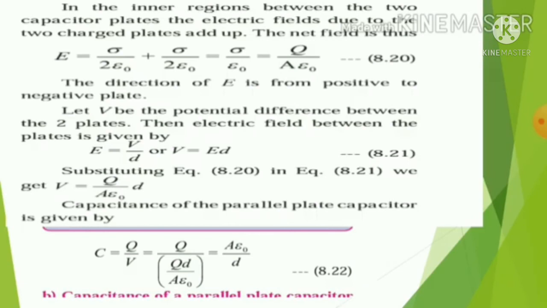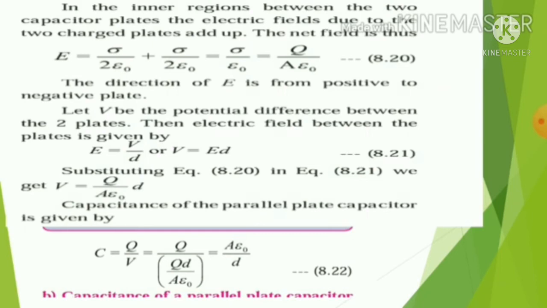There must be an addition of electric field. The net electric field is thus obtained from the following equation: capital E equal to sigma upon 2 epsilon 0 plus sigma upon 2 epsilon 0.